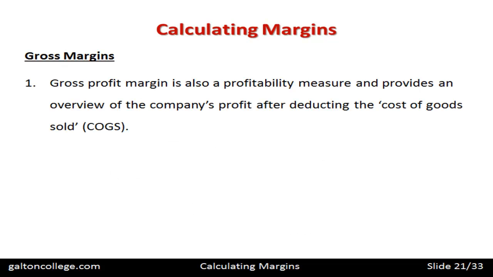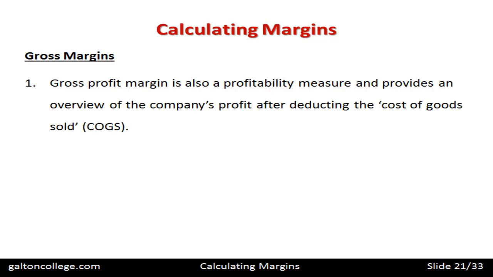Now, gross margins. Gross profit margin is also a profitability measure and provides an overview of the company's profit after deducting the cost of goods sold, known as COGS.